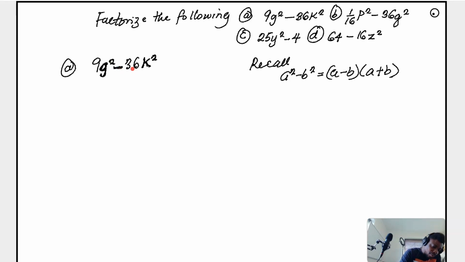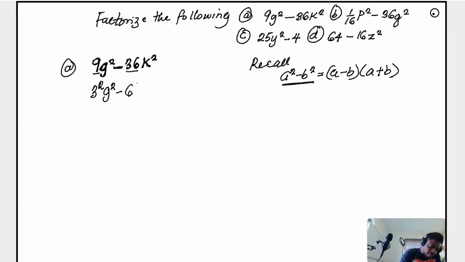So g squared minus k squared is already in this form. But they both have coefficients. So you need to see if you are able to take the coefficients as squares also. 9 can also be written as 3 raised to power 2. So that is 9. So we have g squared here.